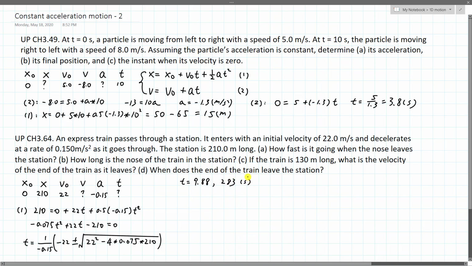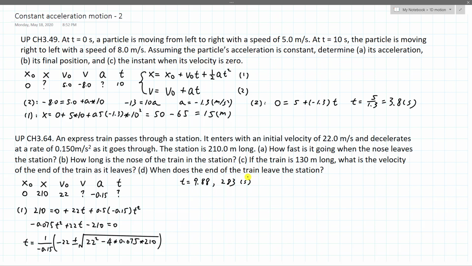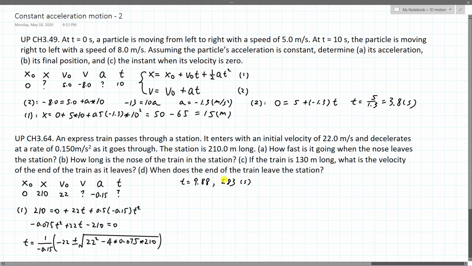So which one is correct? Think about this. What makes more sense is an express train. It's supposed to pass through a station relatively quickly, and if it stays in that station for almost 5 minutes, it wouldn't be an express train passing through a station anymore, right? So this doesn't make sense.